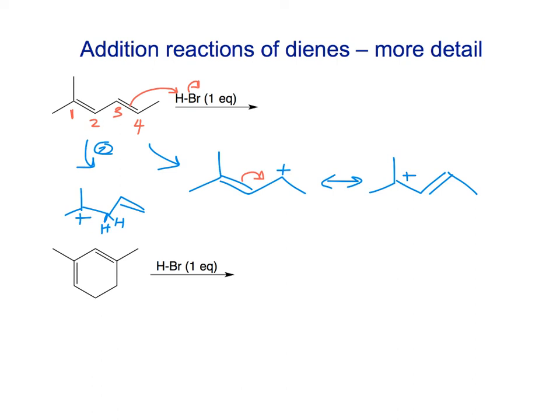So by protonating out at position 4, we now have an allylic carbocation that's spreading the charge between the secondary and the tertiary position. That's going to be more stable than just that isolated tertiary carbocation. Okay? So this is going to be more stable. It's going to be the most stable carbocation that we can form here.